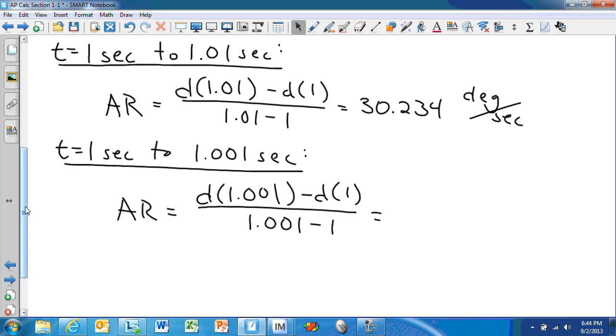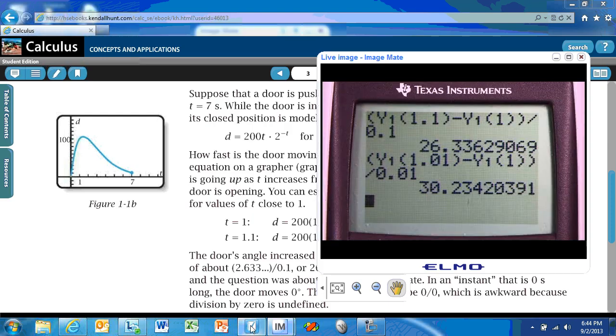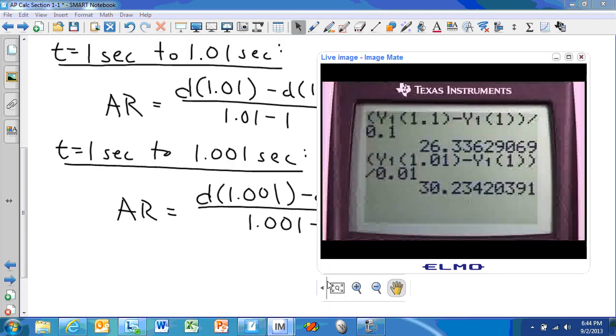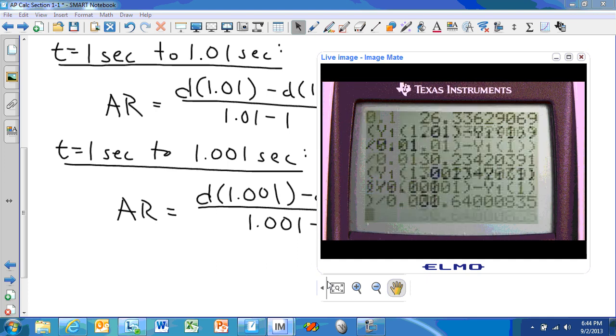Again, let's punch this into your calculator. And let's just quickly change that. Add in a couple of zeros. And you got yourself a calculation at 30.640.